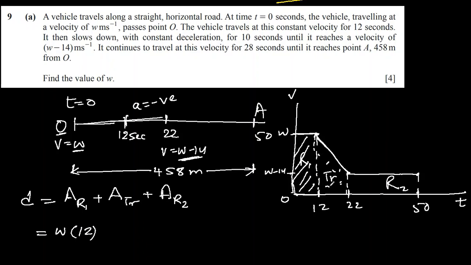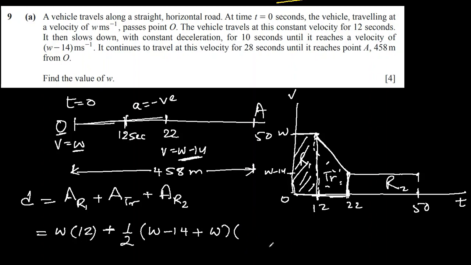Now we will focus on the trapezium. The area of a trapezium is half times the first parallel line. Let's say this small line is the first parallel line, which is W minus 14, plus the second parallel line, this vertical line which is W, times the height, the distance between the two.